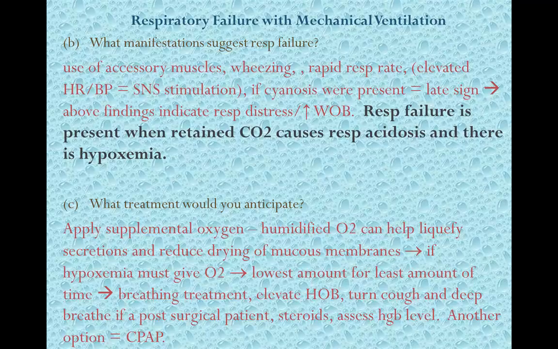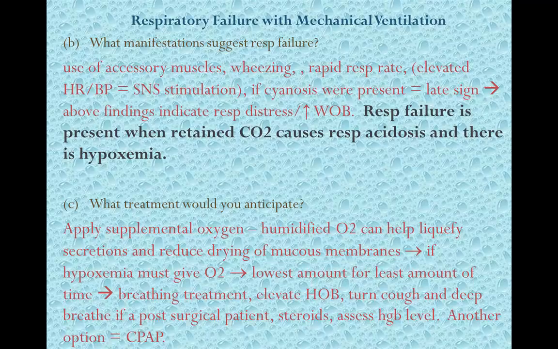And the descriptors were that they were using accessory muscles, they were wheezing, they had a rapid respiratory rate, and they had signs and symptoms of SNS stimulation, which is sympathetic nervous system stimulation. In other words, when patients feel like they're going to die because they're not breathing, they will have SNS activation, and the heart rate will go up and the blood pressure may go up also.